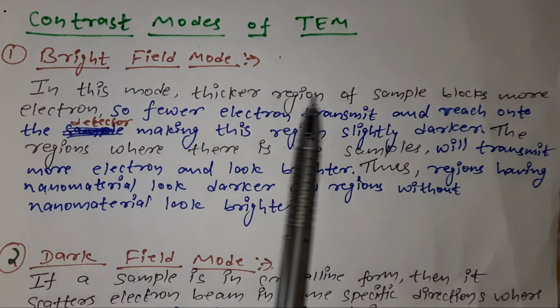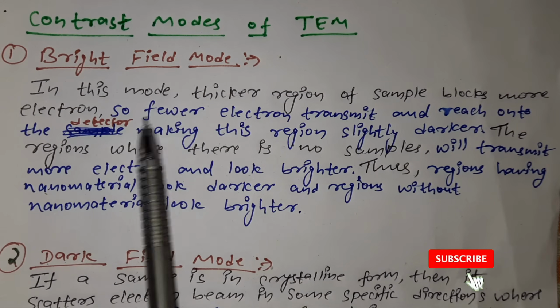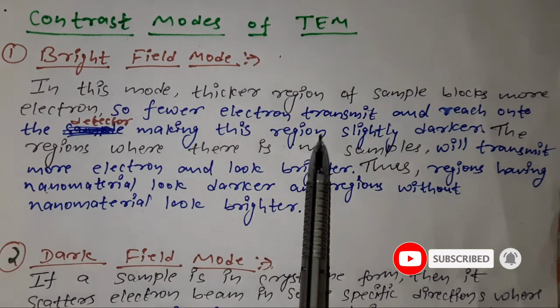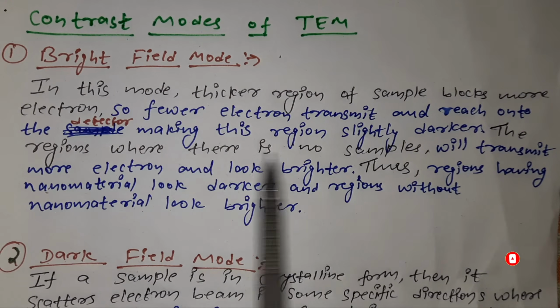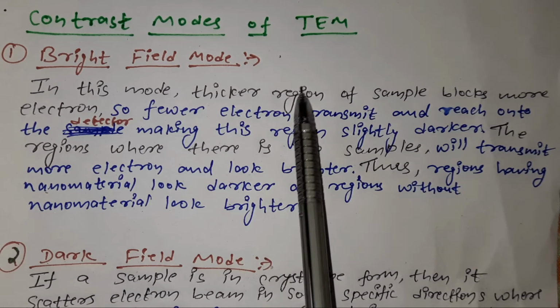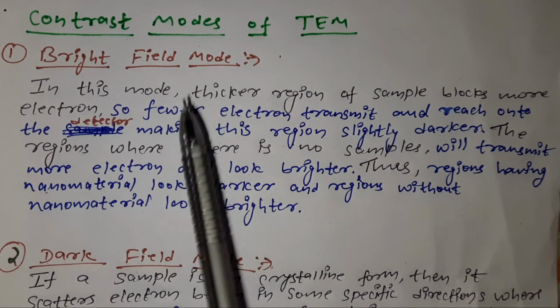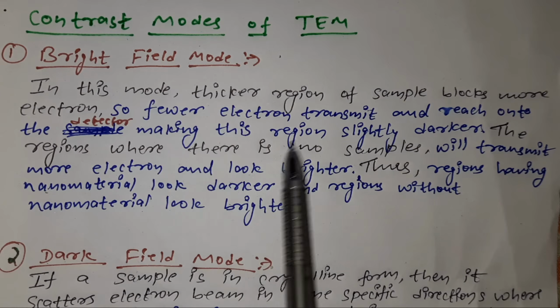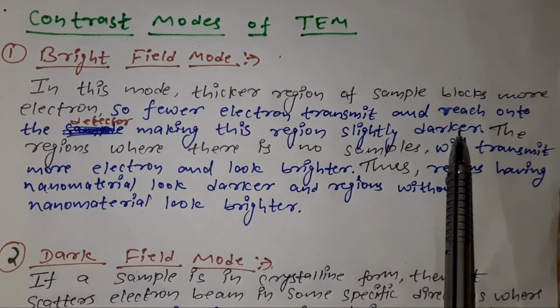In this mode, a thicker region of the sample blocks more electrons, so fewer electrons transmit and reach the detector, making this region slightly darker. These lines try to say that if there is more sample, it will block more electrons, so fewer electrons will transmit through, making that part slightly darker.